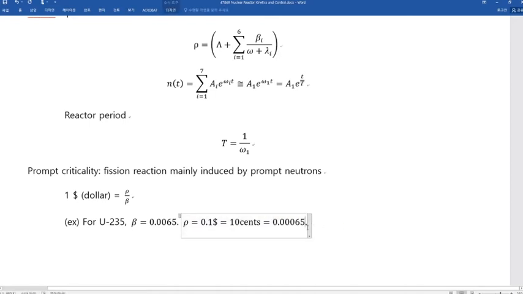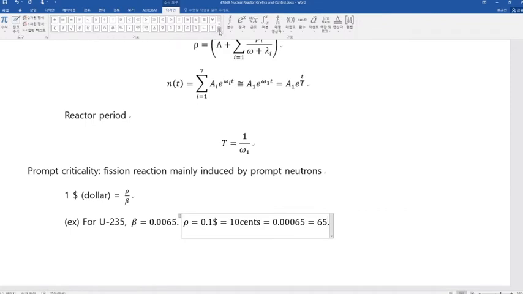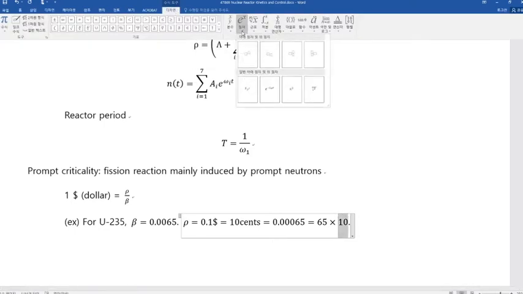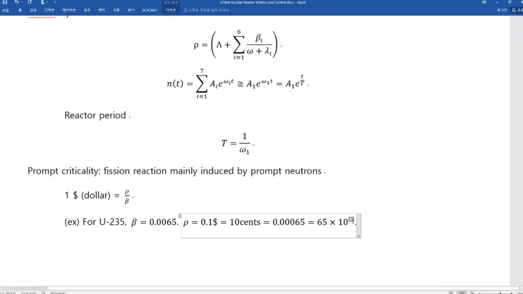So previously, in my last lecture, I also told you that in nuclear reactors we use this magnitude unit of 10 to the power minus 5, which is usually written as PCM.